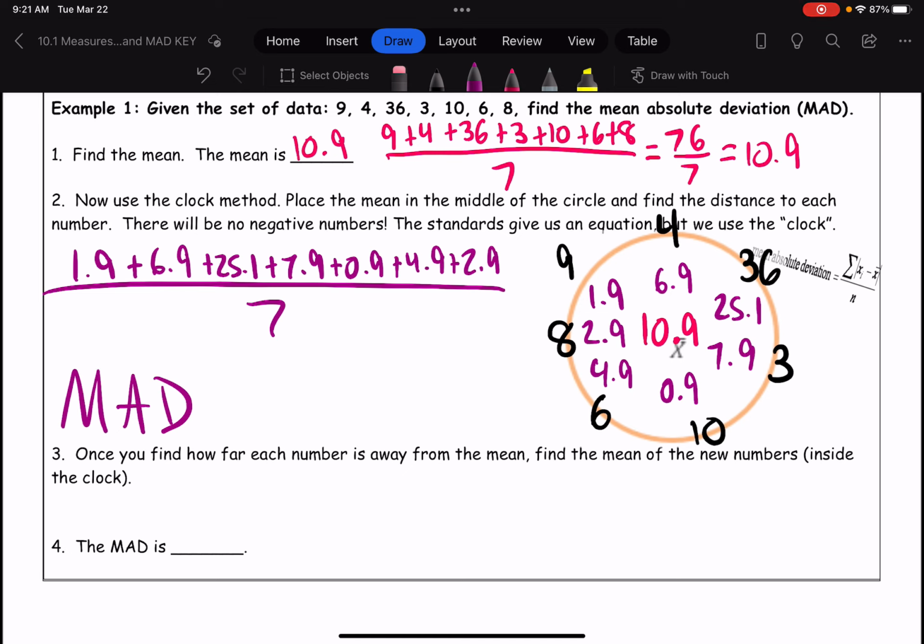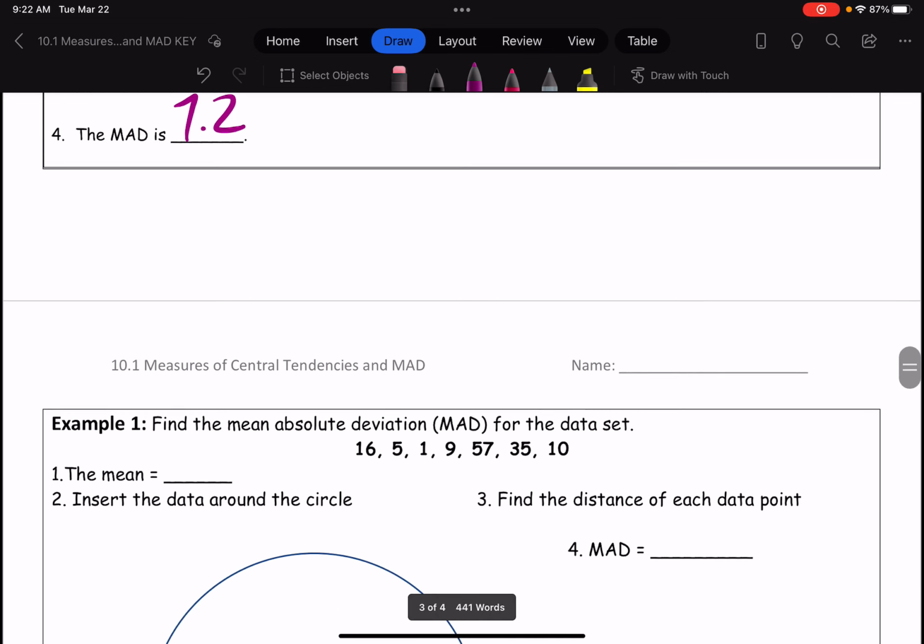We should get a decimal here because our mean was an approximation anyways, so you should wind up with decimal values. So finding the sum of all these distances in the calculator, I got approximately 7.2. So once we find that mean, the MAD is 7.2. And that is our mean absolute deviation.